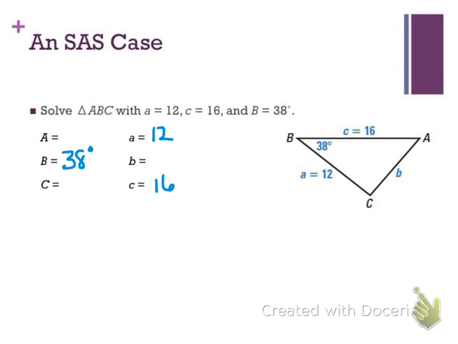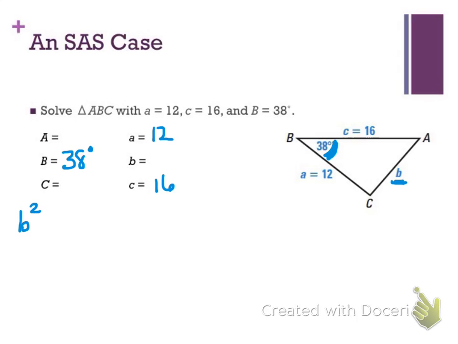Now, when you look at this, you realize that angle B is here, side B is here, and we don't know what that is. So this is not a good case to be using law of sines on. So that's where we're going to use our law of cosines. Because the one angle we do know is angle B, that's the angle we're going to want to put in the cosine. So side B is the one that's going to go out in front when we set this up.